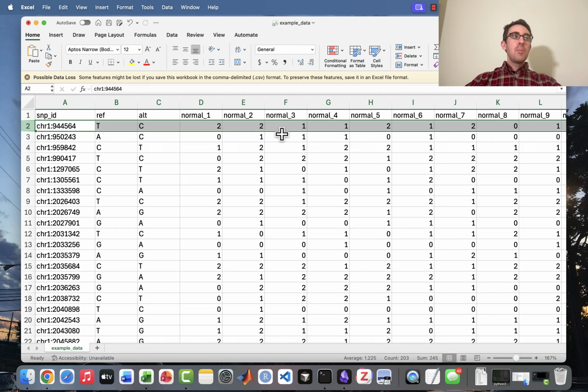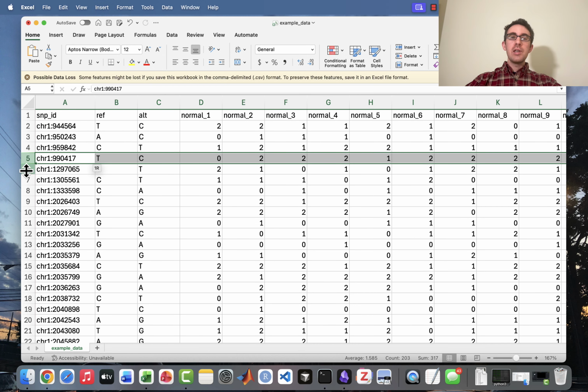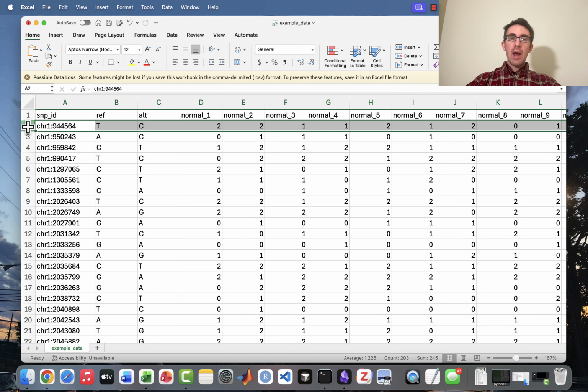And the idea of the analysis is to do a statistical test for each SNP individually and calculate a p-value that tells us the probability of observing a skew between the genotypes and the phenotypes as extreme as the one we're seeing by coincidence alone if there were not a true underlying relationship.